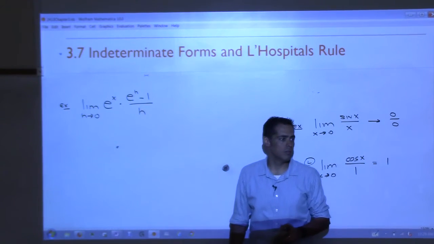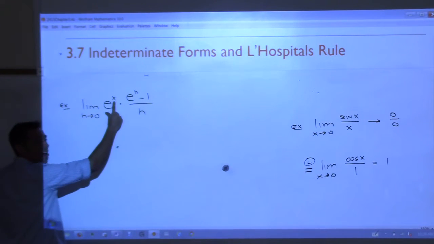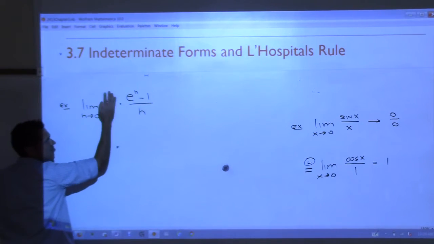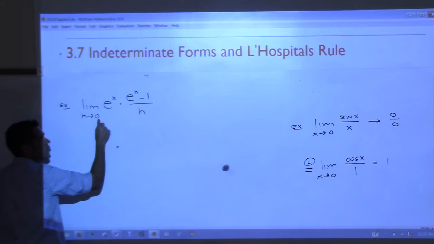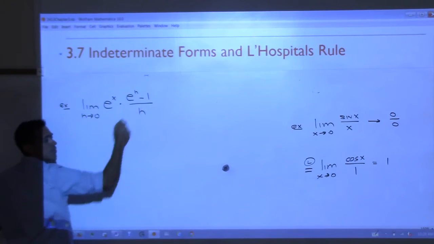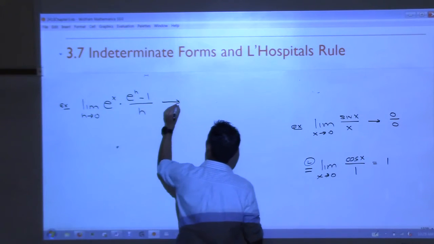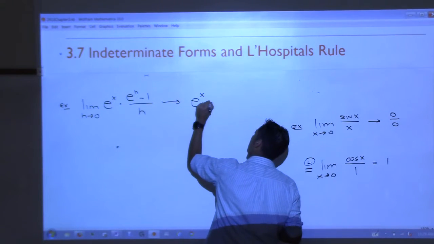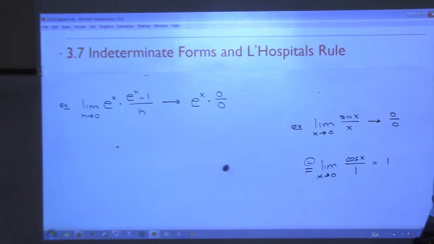Now I can show you. Also keep in mind, e to the x does not have h in it. So it's almost like we're going to ignore that and just look at this. When we plugged h in, we got 0 over 0, didn't we? Yes. So this right here has the form of e to the x times 0 over 0.